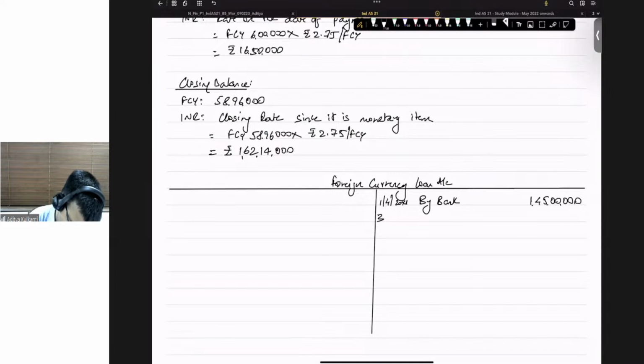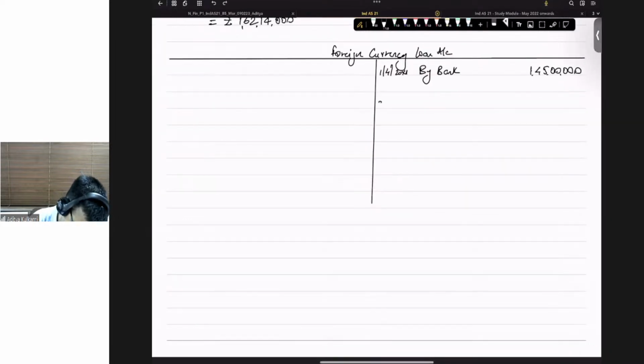On 31st March, by finance cost, 16 lakh 84,320.